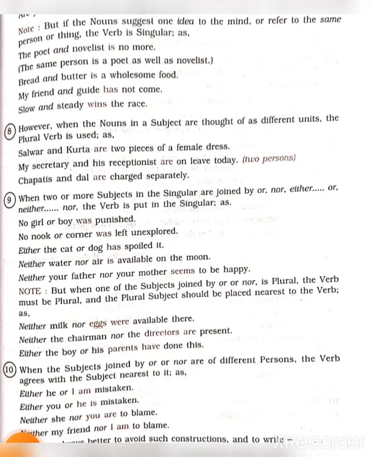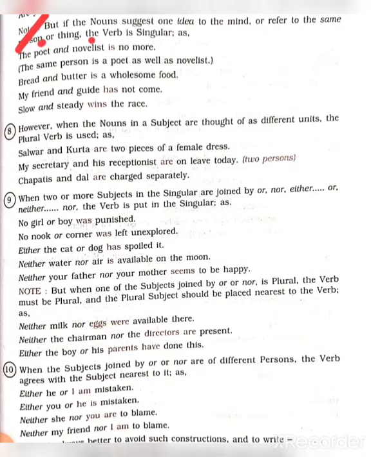Now please take a look at your grammar book, page number 217. If you open your book, you will see that it is written that if the nouns suggest the same idea, the same thing that I have just now explained to you, it is written over here: The poet and novelist is no more.